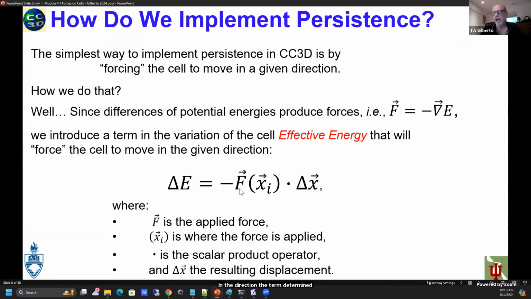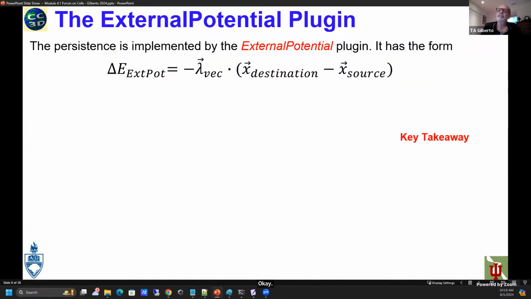Again, F is the applied force, XY is the point where the force is applied, and delta x is the resultant displacement of the cell. So if we include a term like that in the Hamiltonian, in the energy of our system, we will have a force acting over the cell. Okay? So this is the function of the external potential plugin that we will be talking about today.